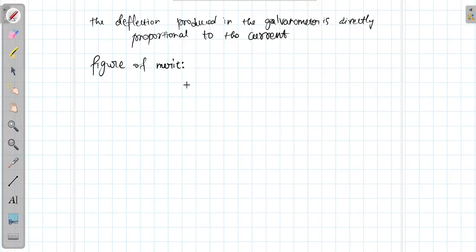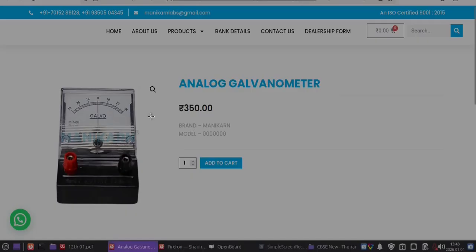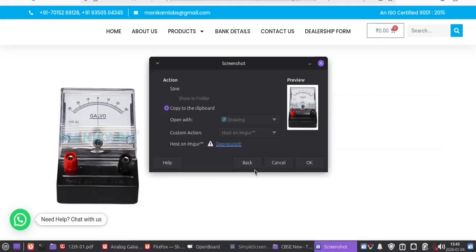Figure of merit is the current which produces a deflection of one division in the galvanometer. Let me show you what exactly we use in the laboratory, this kind of galvanometer.